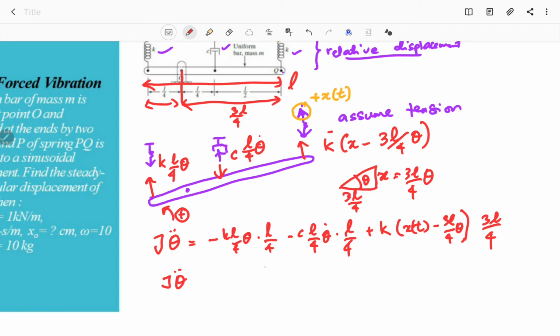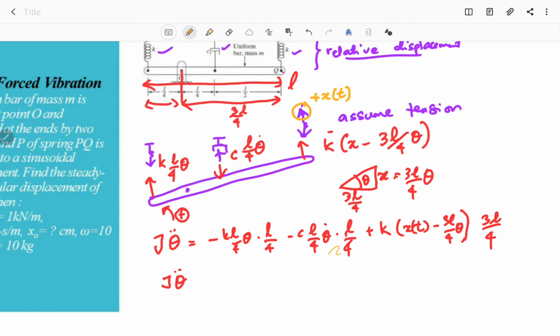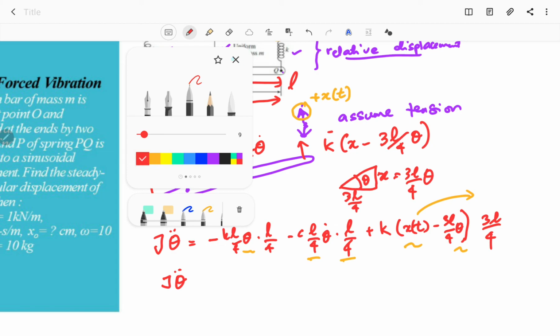What you need to do is collect all the terms, all the theta dots together, and then you have your theta terms together, and you leave your xt term on the other side of the equation. Let me write that down.